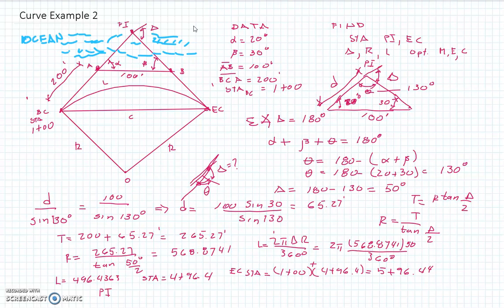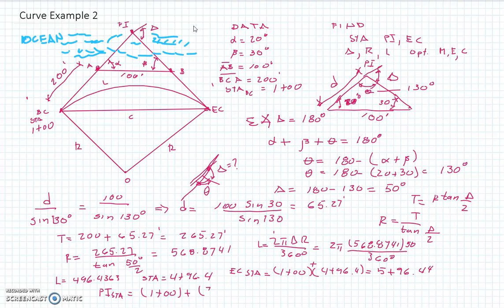My PI station will be 1 plus 00 plus my tangent, and my tangent is 265.27.